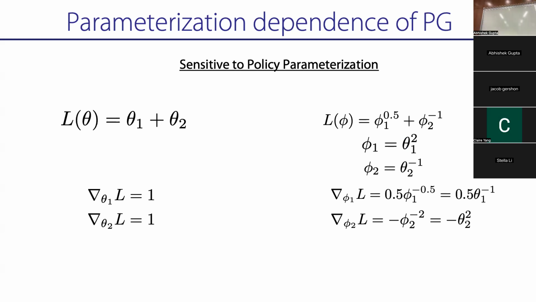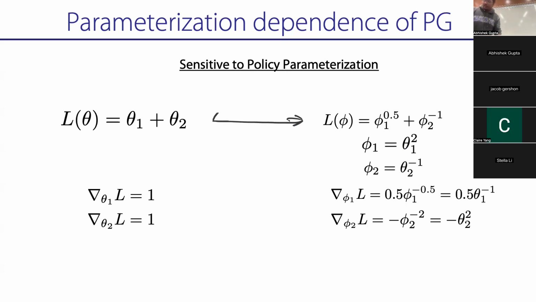So if you change the parameters and stick them into your function again, the same function with this change of variables is now the square root of phi 1, which is the square root of theta 1 squared, plus phi 2 inverse, so it's theta 2 inverse. So what we're saying is that this objective and this objective are the same.